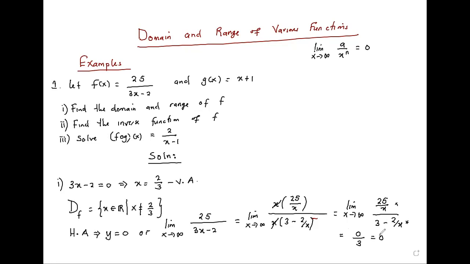Because the horizontal asymptote is 0, then the range of f is y a real number such that y is just not equal to 0. That is how you get the range.